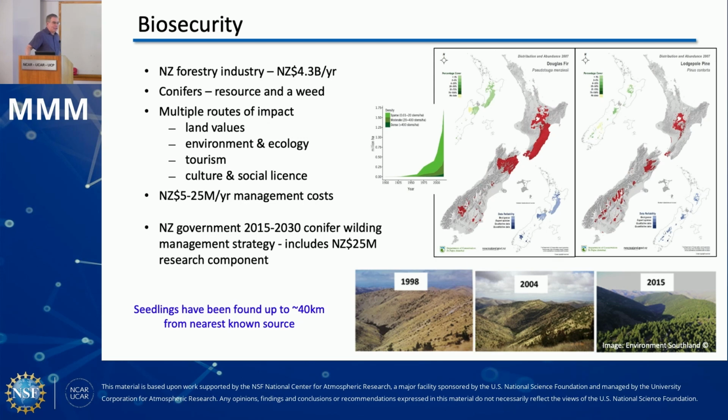Another piece that's funding my work is the security world. So basically, conifer trees are both a blessing and a curse. They grow extremely fast. In New Zealand, they have a forestry industry that's about $4 billion a year.